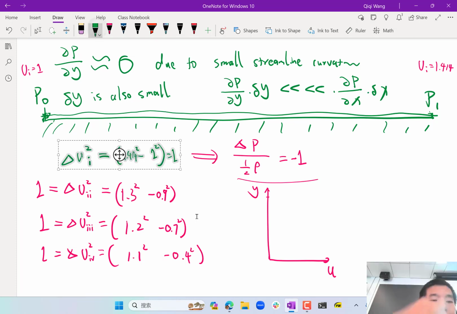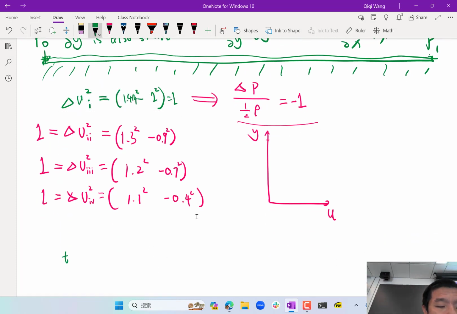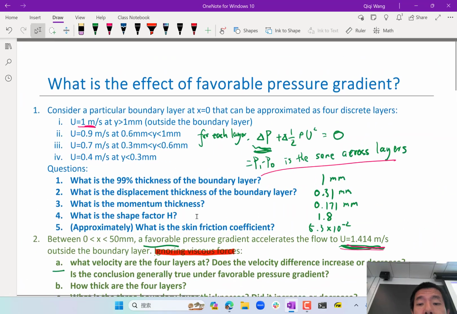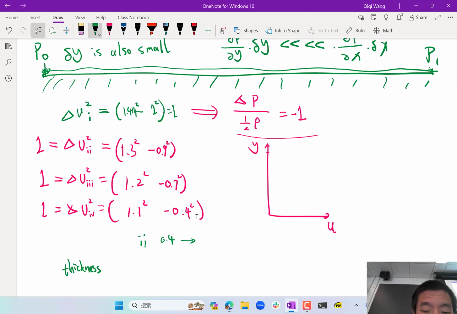So that means the thickness, we don't need to look at outside of the boundary layer, but inside the boundary layer, the second layer has gone from 0.4 millimeters, initially 0.4, to 0.4 times 0.9 over 1.3.